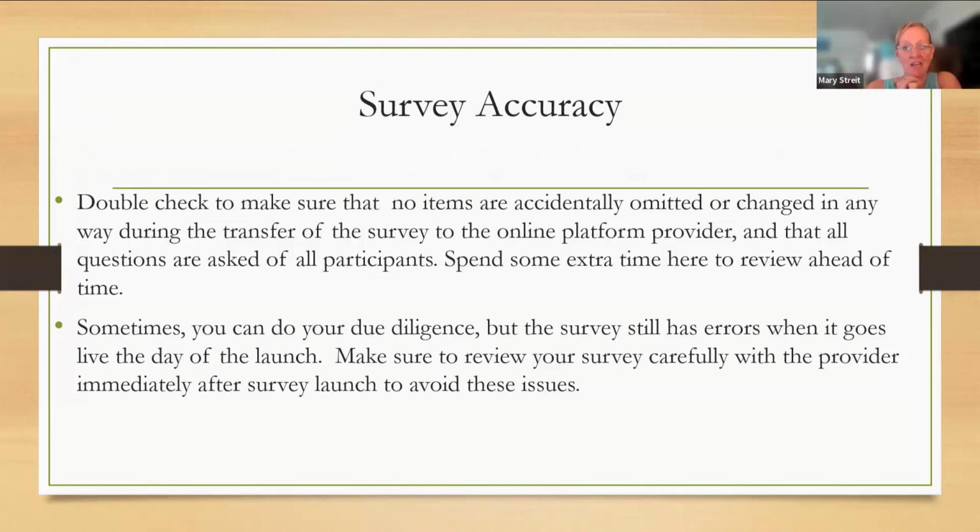Spend a little extra time here reviewing it, because I caught some mistakes when they did that. It happens, but really go through it and review it. And then also review it the day it goes live. Because sometimes the day the survey goes live, which happened to me also, there were some little errors. So just make sure you're really staying on top of them. That would be my advice there.